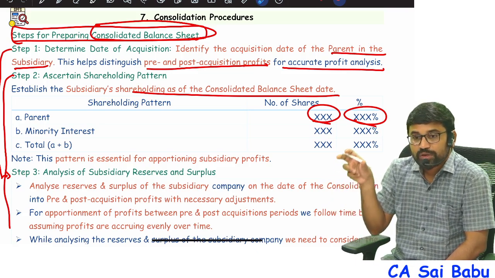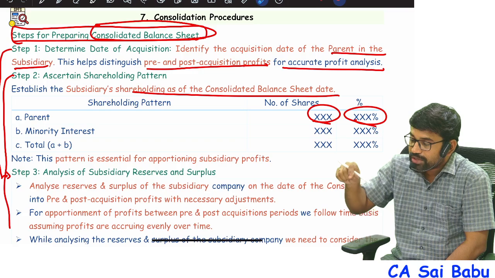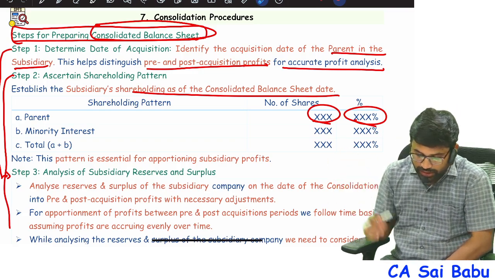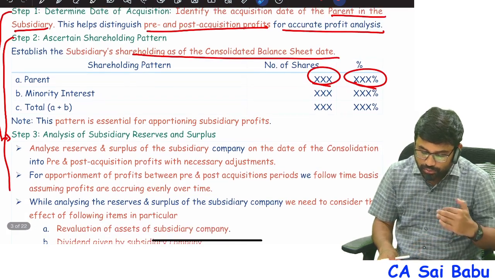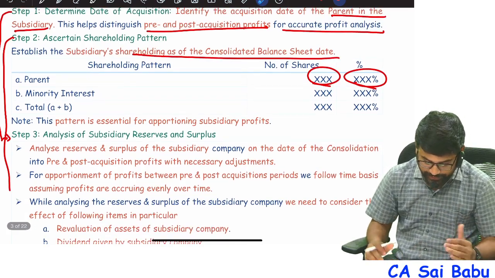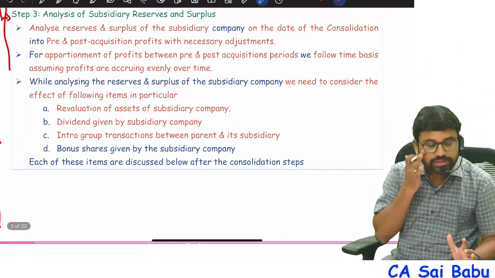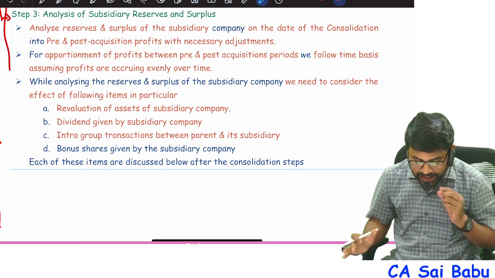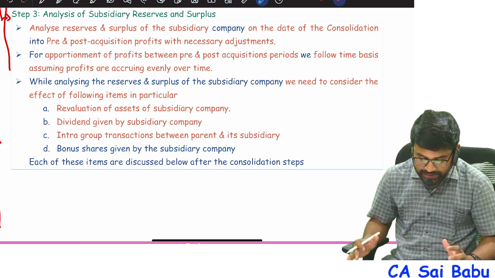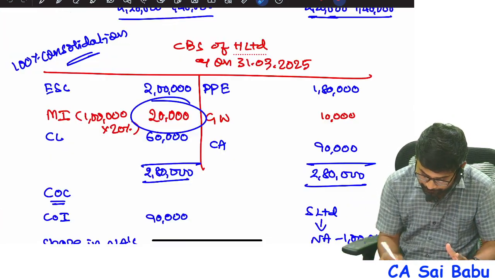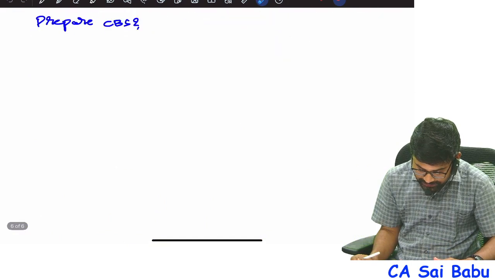Determine the shareholding pattern, and the shareholding pattern is decided on the date of consolidation. In the subsidiary company, who is having how much percentage of shares? This is step number 2. And the most important step is analysis of subsidiary reserves and surplus. Listen to me carefully. Analysis of subsidiary company reserves and surplus.